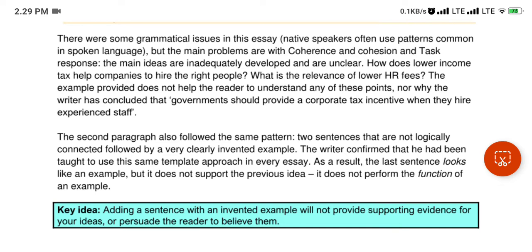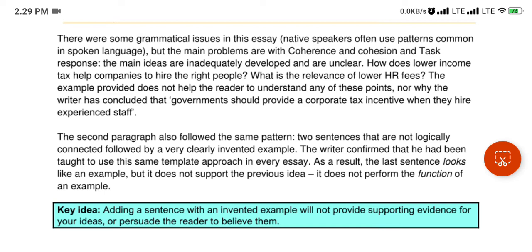The writer confirmed that he had been taught to use the same template approach in every essay. As a result, the last sentence looks like an example, but it doesn't support the previous idea. It does not perform the function of an example.